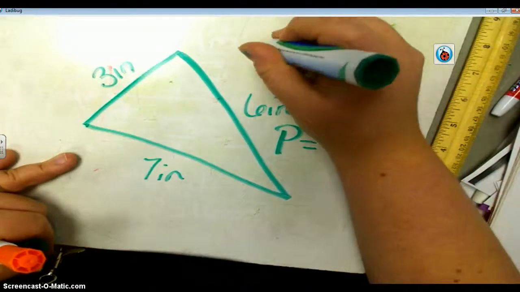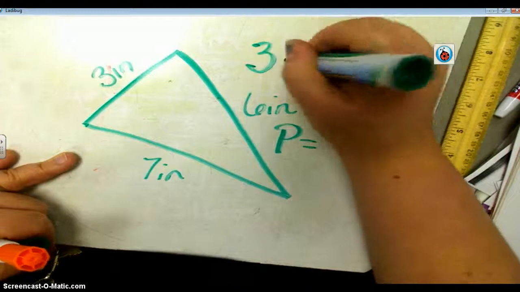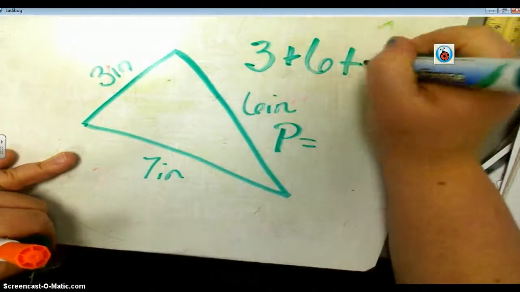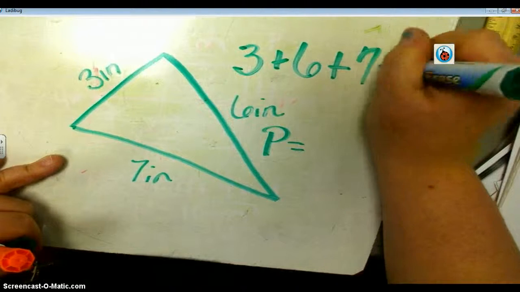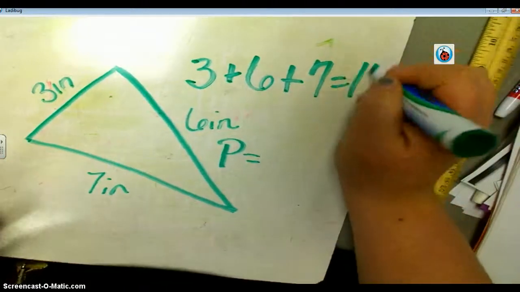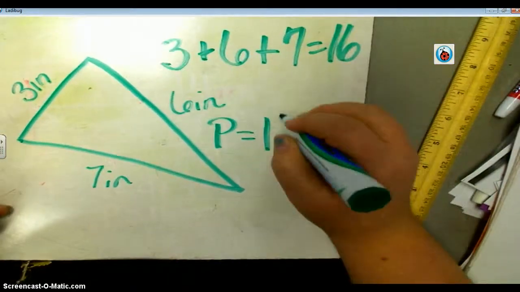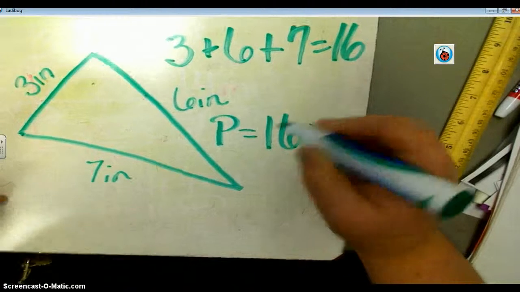Okay, I would take 3 plus 6 plus 7, which equals 16. So my perimeter is 16 inches.